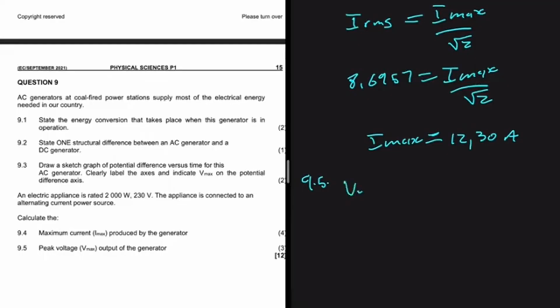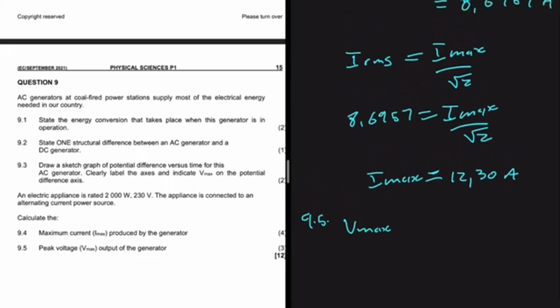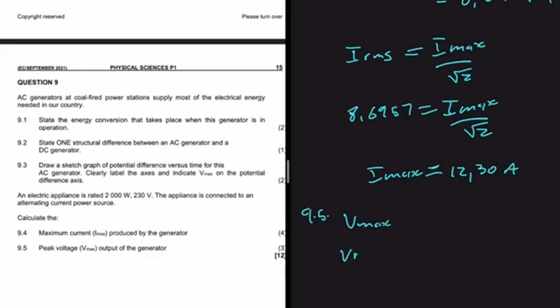And then 9.5 says, let's find the peak voltage. So we're looking for Vmax for the output of the generator. What's the relationship between V RMS and Vmax? Very similar to I RMS and I max. V RMS is equal to Vmax divided by the square root of 2.